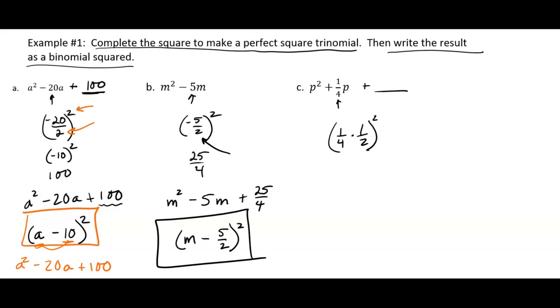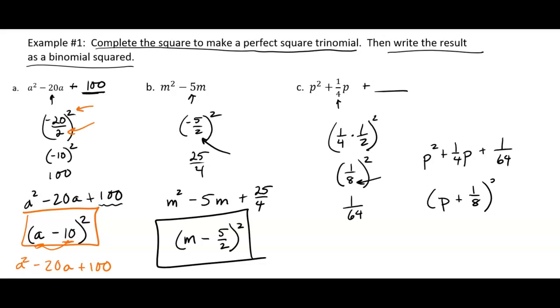So you get, on the parenthesis part, 1/8 squared, or 1/64. Okay, so that's the special number. You'd write p squared plus 1/4 p plus 1/64. Now, how do I write it as a binomial squared? I write p plus, and then it's going to be that number in the parentheses, the 1/8, squared.